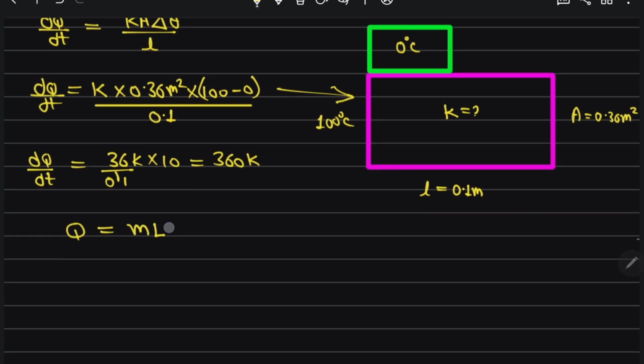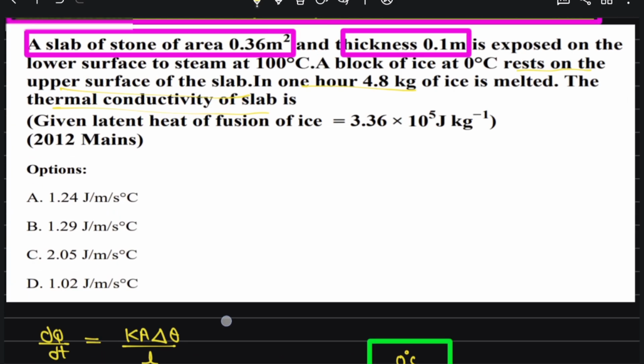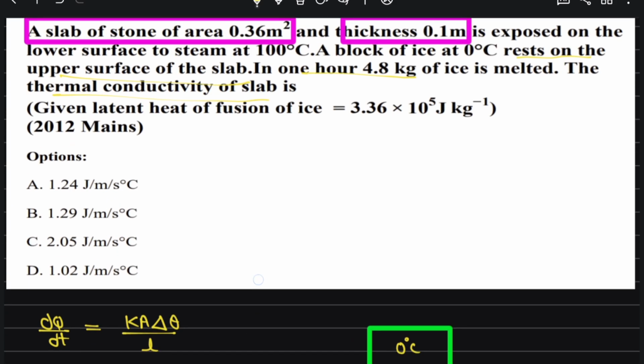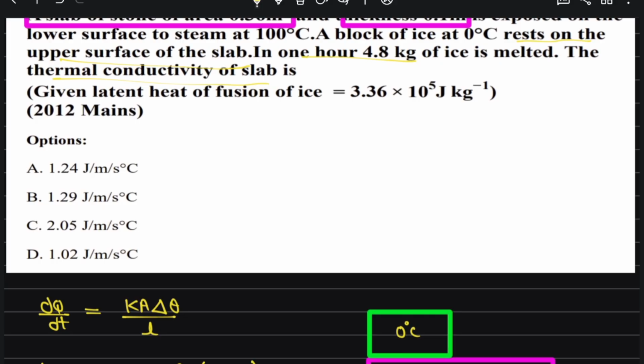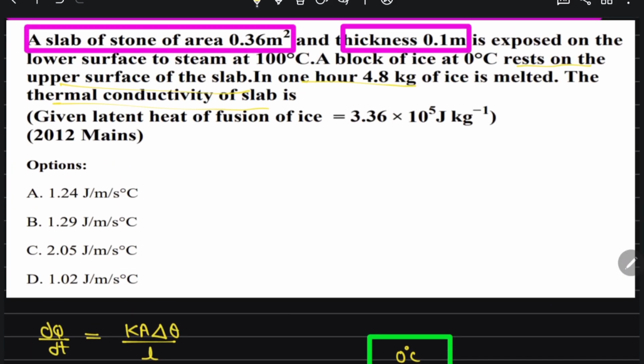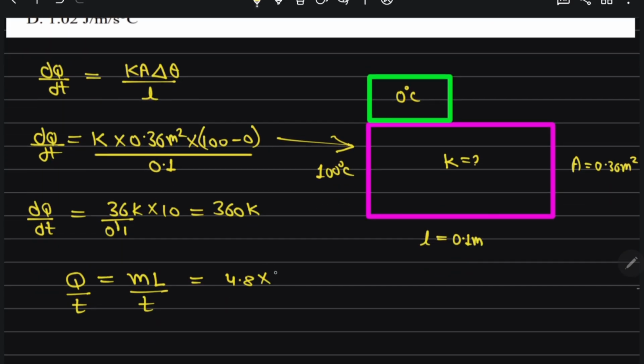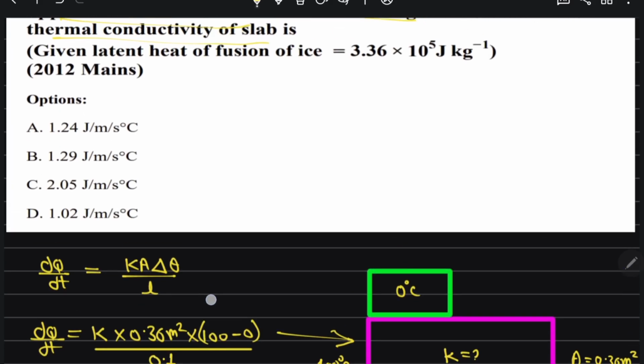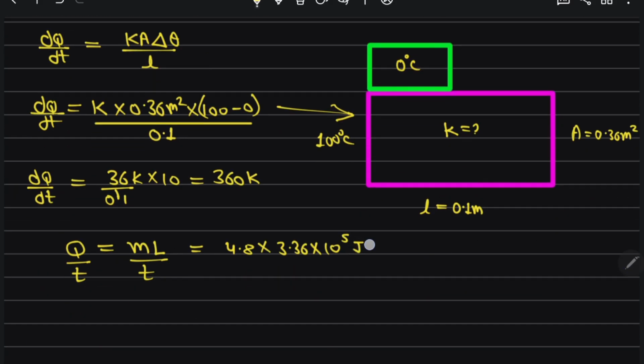So in mL, what is m? It is the ice; they have given that in 1 hour 4.8 kg of ice is melted. Means Q by t is mL by t, with m as 4.8. The latent heat of fusion of ice is 3.36 into 10 to the power 5 joule per kg, and t is 1 hour, means 60 minutes, 60 seconds.